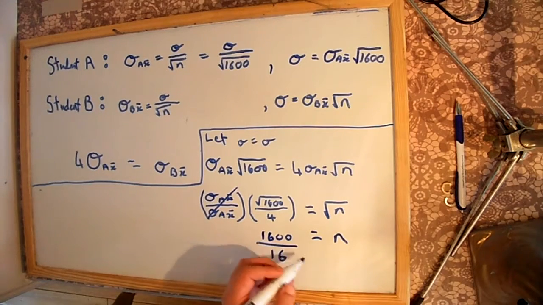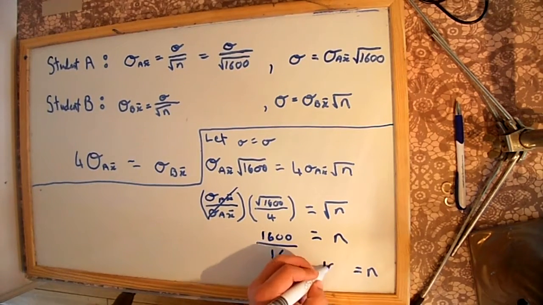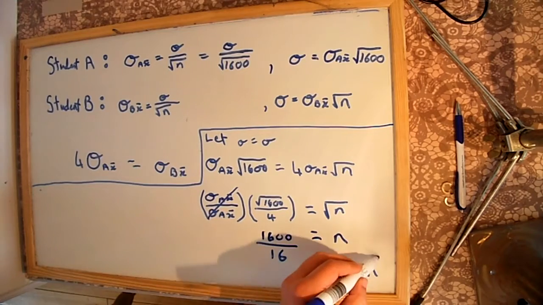You can find out pretty fast that 1600 divided by 16 is equal to 100.